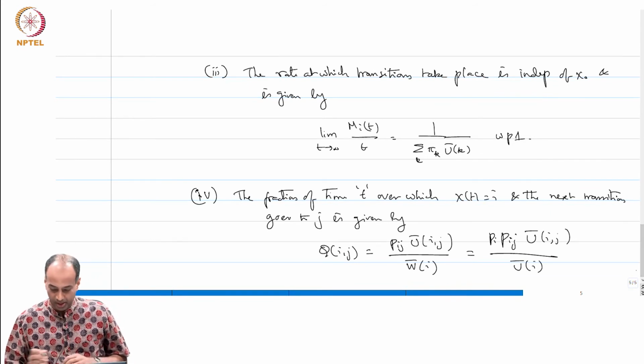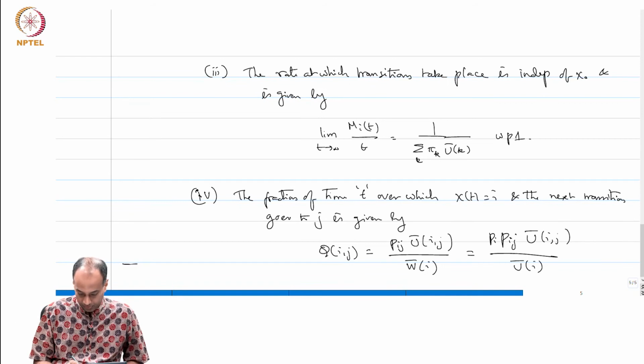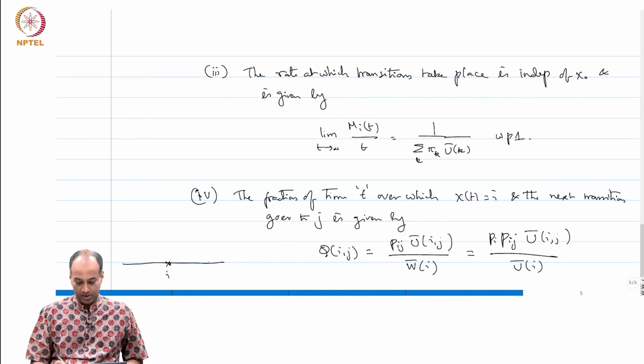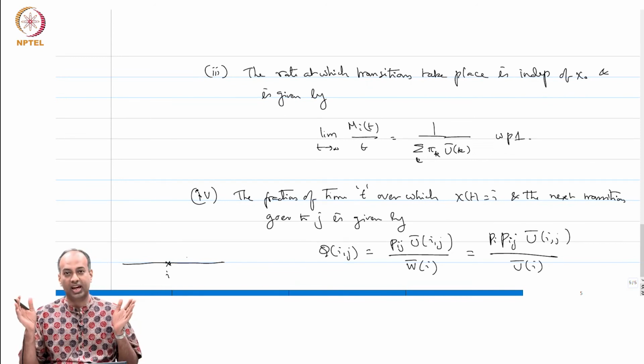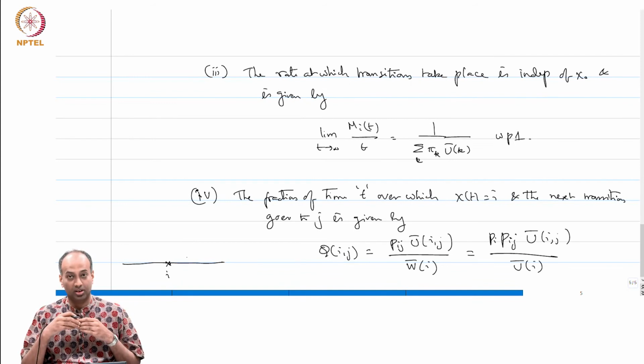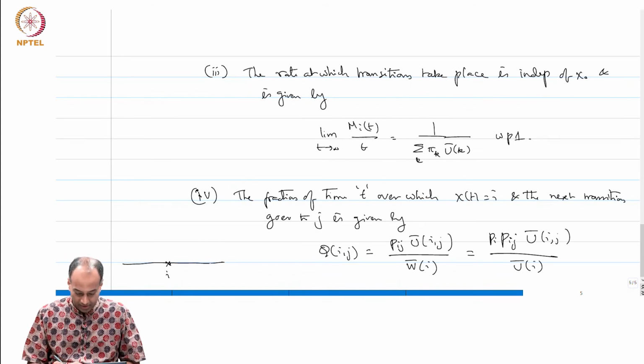So, if you are in state i, you could go to some other state. You know the fraction of time you are in state i is already known, which is pi, but you want to look at the fraction of time for which you are in i and the next transition goes to j.